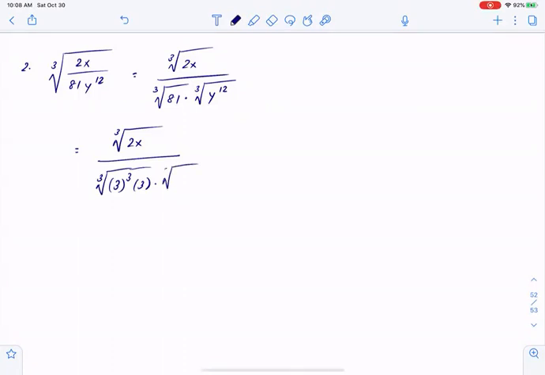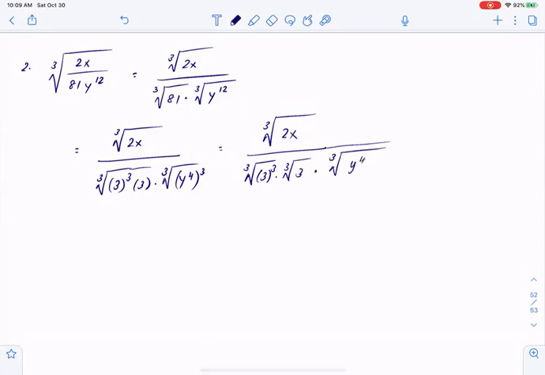And then I could write y raised to 12 as y raised to 4, raised to 3. I can split the denominator and write it as the third root of 3 cubed, the third root of 3, multiplied by the third root of y raised to 4, raised to 3.